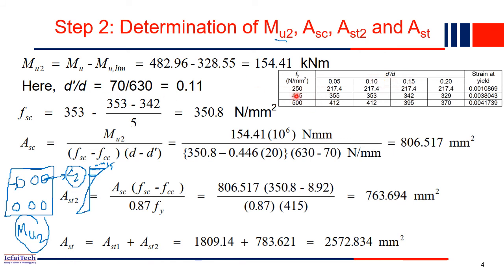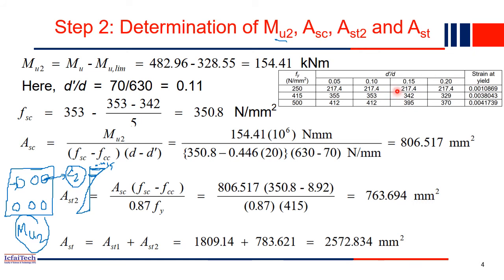We are using Fe415 grade of steel, so corresponding to 415, what is the stress? For d dash by d value 0.1, the fsc value is 353, and for 0.15, the value is 342. Our value is 0.11, in this middle range, so we have to interpolate. fsc equals 353 minus (353 minus 342) by 5, since the total division is 5.